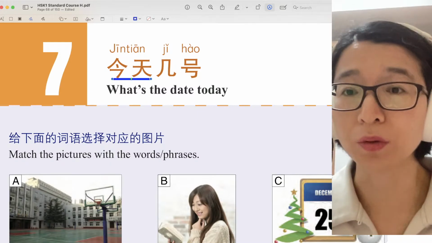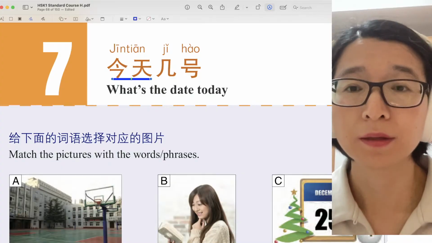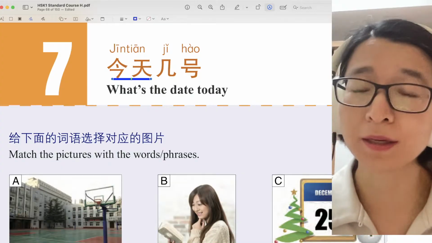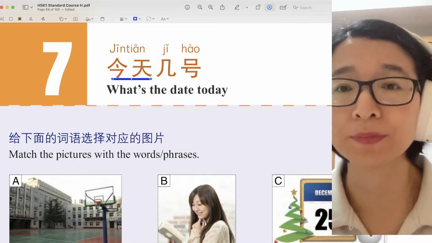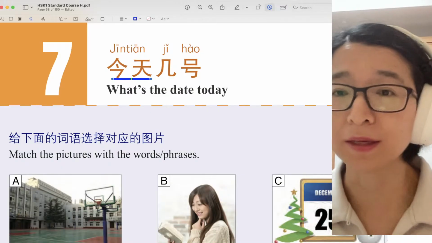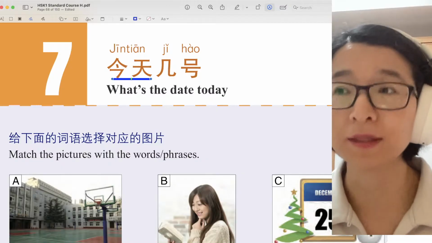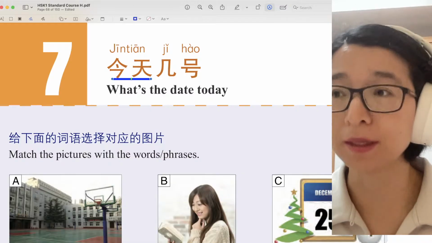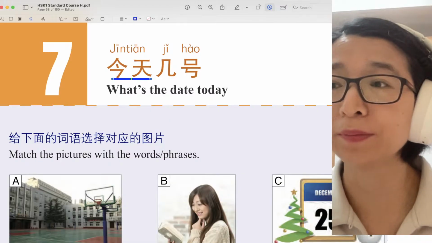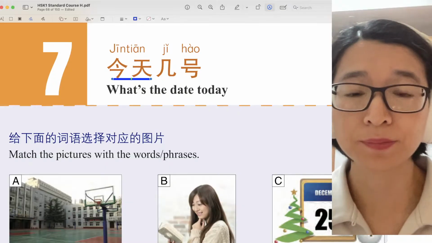How to say tomorrow? 明天. And how to say yesterday? 昨天. So 今天 today, 明天 tomorrow, yesterday 昨天.